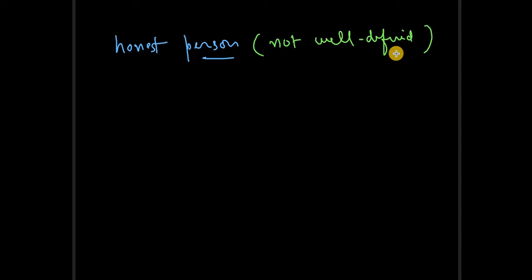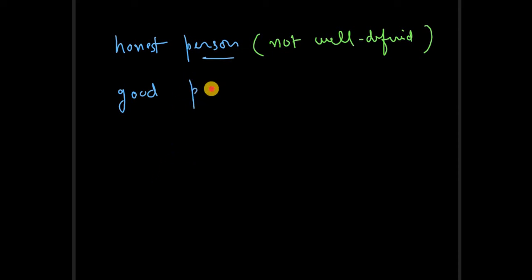Similarly we have, let's say, good players. A player can be good at some point of time and can be bad at another point of time. So we cannot say in a very definite manner that it is a well defined thing.